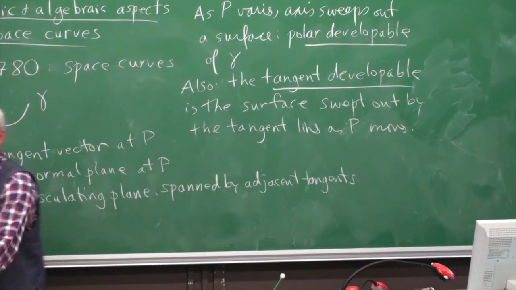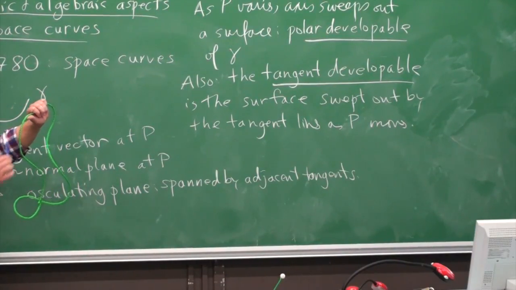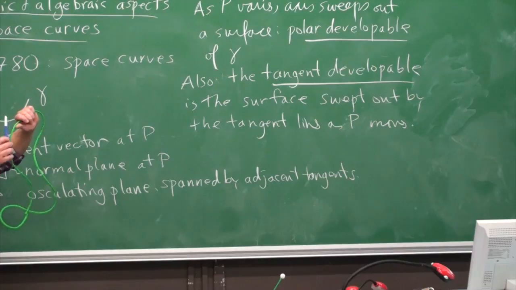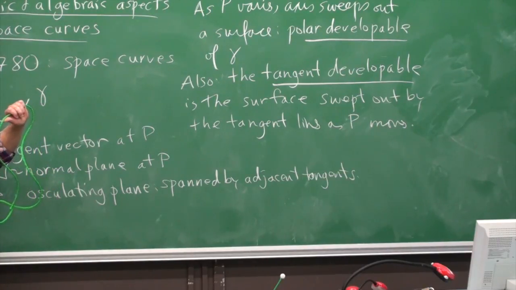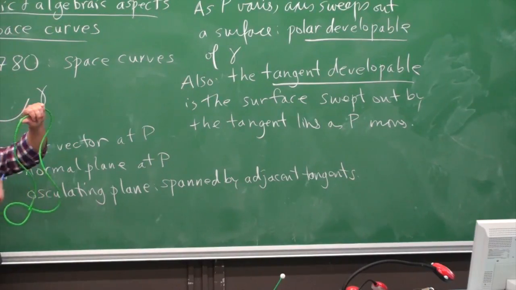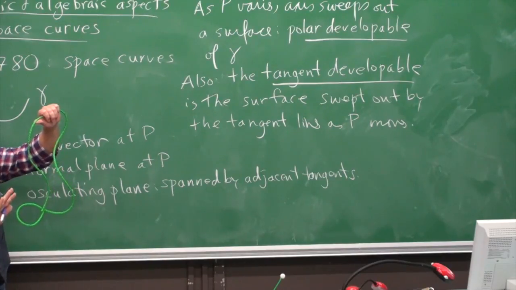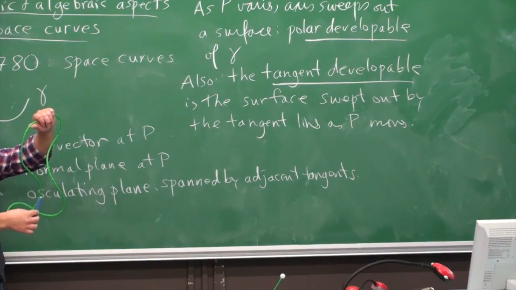So you have some curve here, and you imagine at every point I have a tangent line. This is an infinite line. As we move the point around, it may not be entirely obvious, but those lines will sweep out a surface.